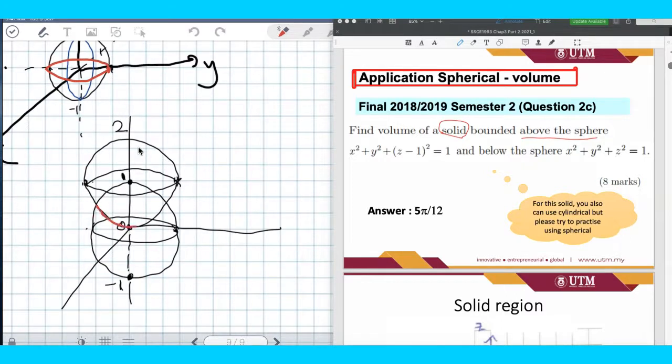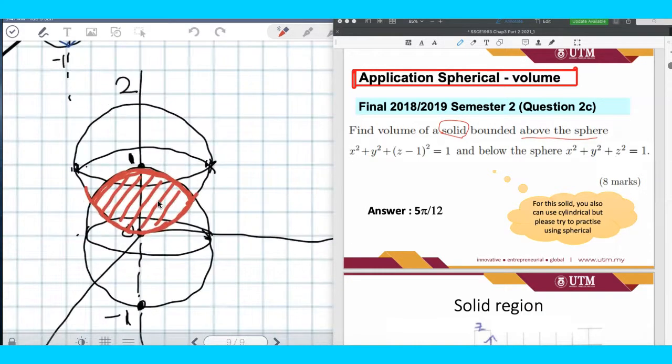This one, right? Above the shifted sphere, and below the sphere centered at the origin. This one. So that is the only solid that we have.